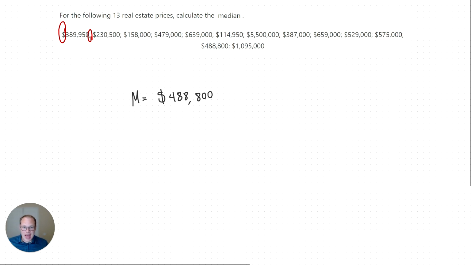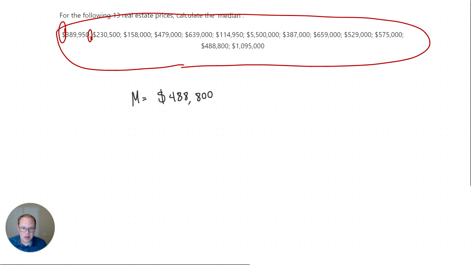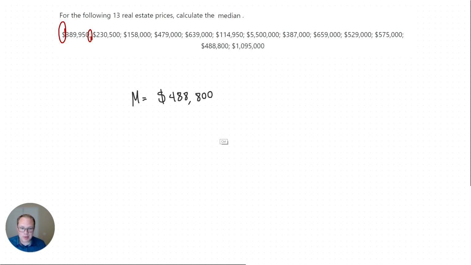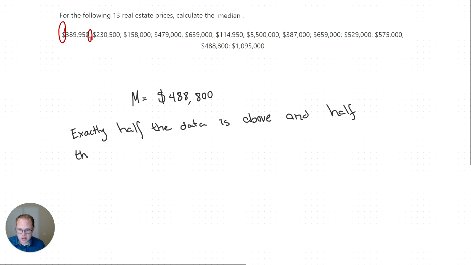That's the median. So that means exactly half the data values are above and half of them are below. Half the data are below the median.